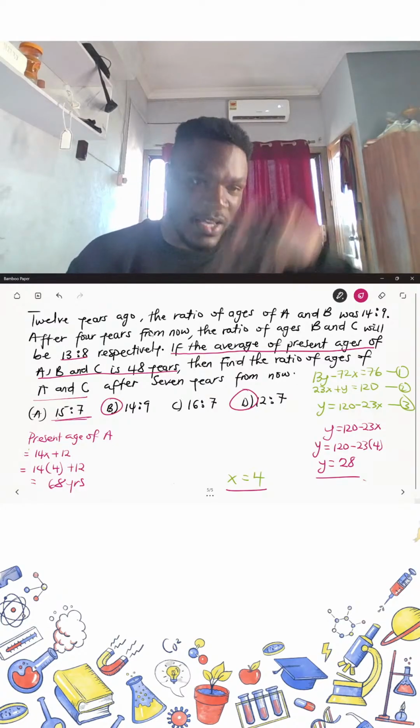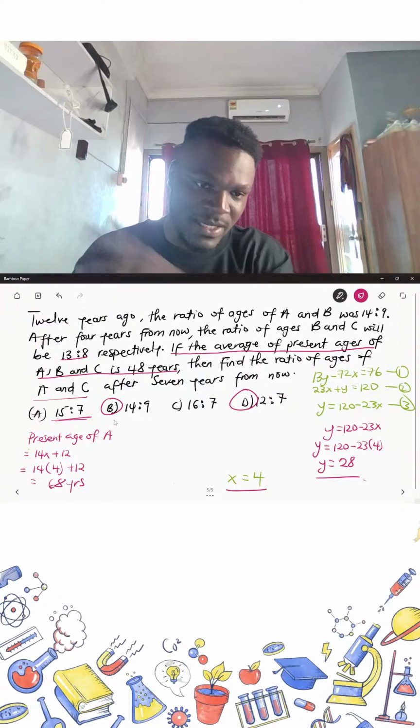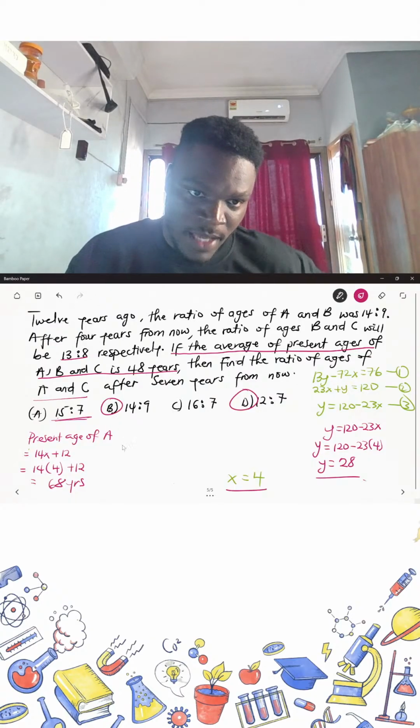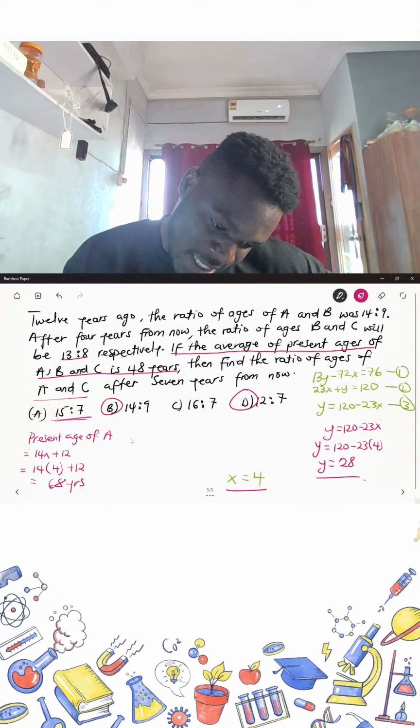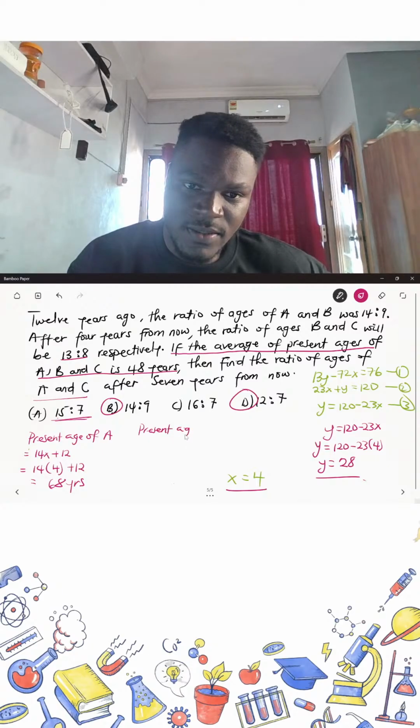And that is from the equation 14x plus 12. Remember, they said 12 years ago. So which means the current age was what? 14x plus 12. We already established that. And that of C, the present age of C, is just 28.